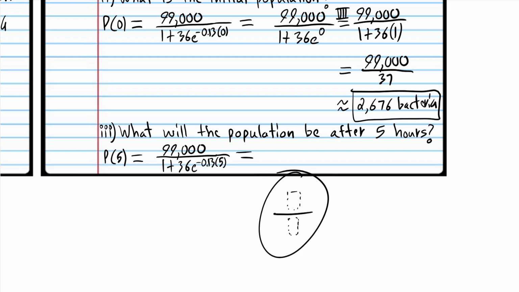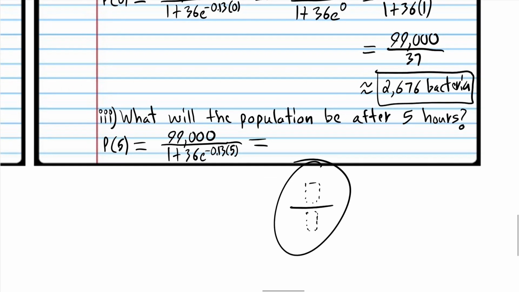Then I'm going to press the blue second button if you're using a TI-84 Plus. Then the LN button at the middle left. So at that point, you should have 99,000 over 1 plus 36 E, and then you should have a little box there.